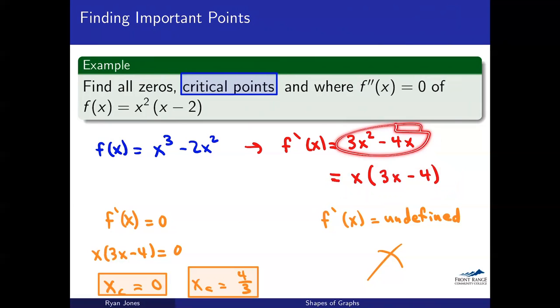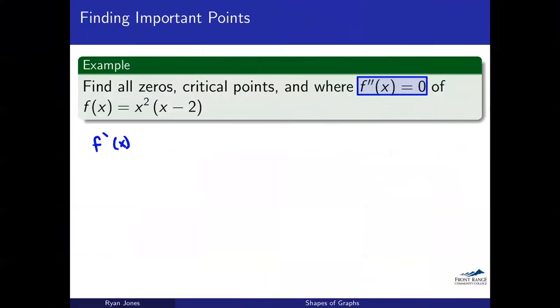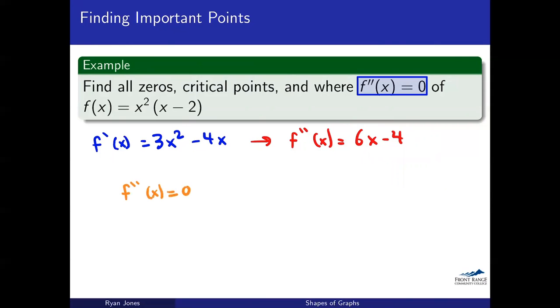It's maybe not simplified and factored how we want it, but it is the derivative. So let's just copy that over: 3x squared minus 4x. And I'm going to take a derivative of that to get my second derivative: 6x minus 4.